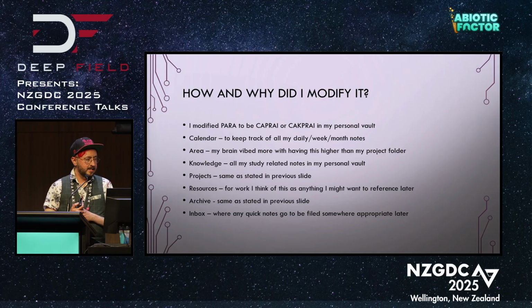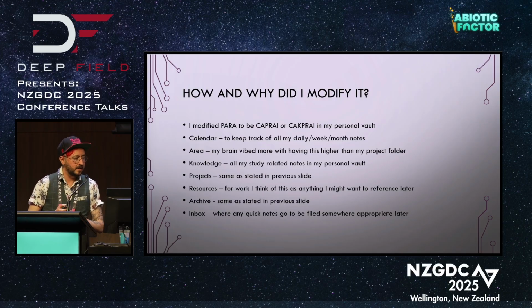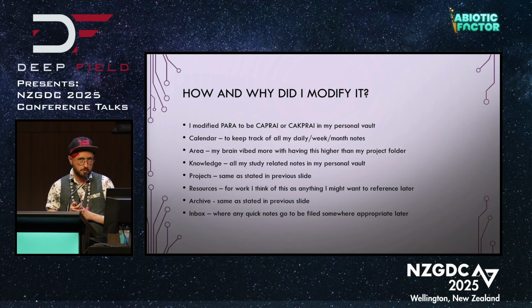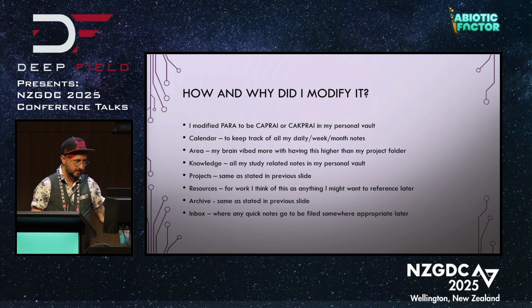And I added an inbox, which is where any quick notes go to be filed somewhere appropriate later. This is incredibly handy because this also counters my need to quickly make a note about a meeting that I'm in right now. I don't know where it belongs. It just goes in the inbox. At the end of the day, I file it where it belongs.